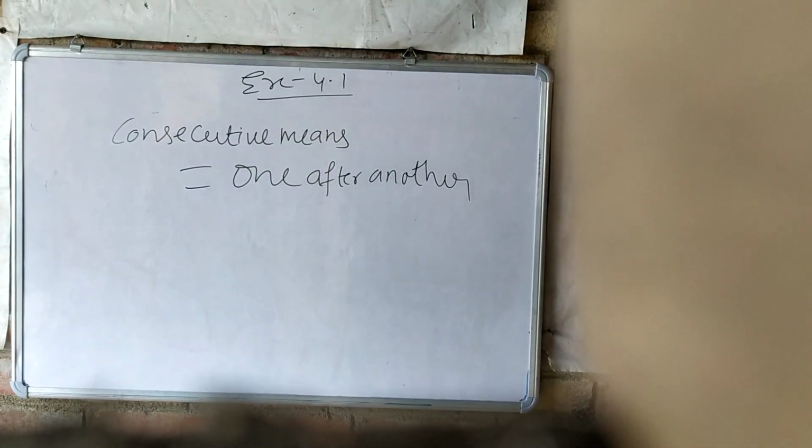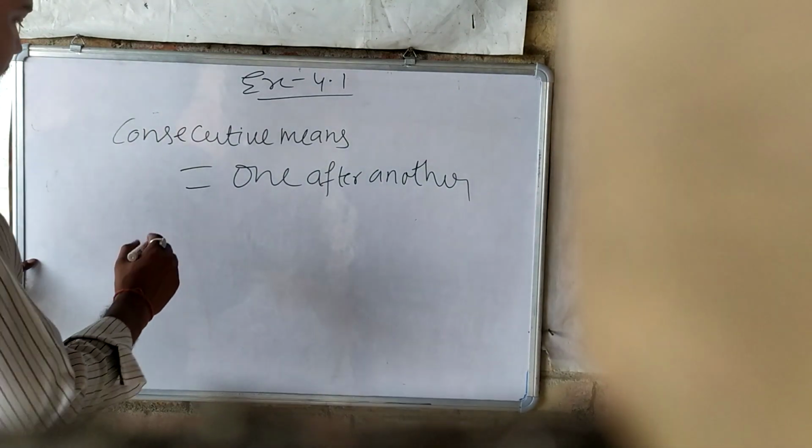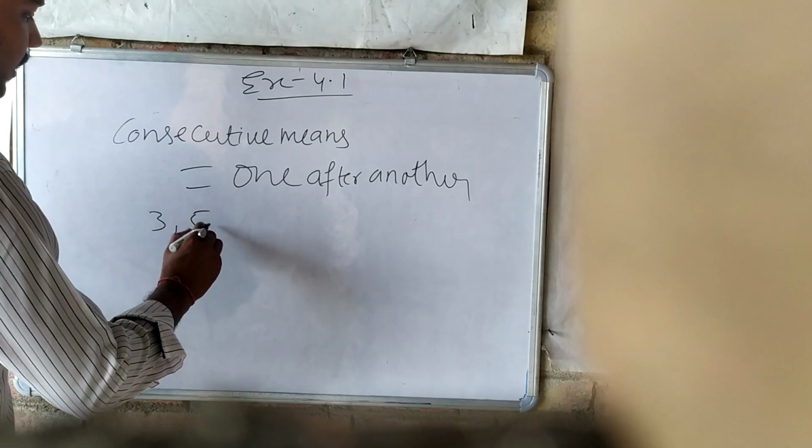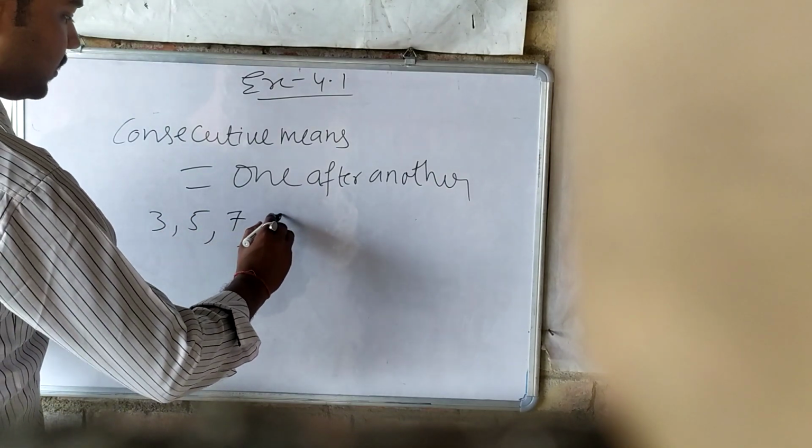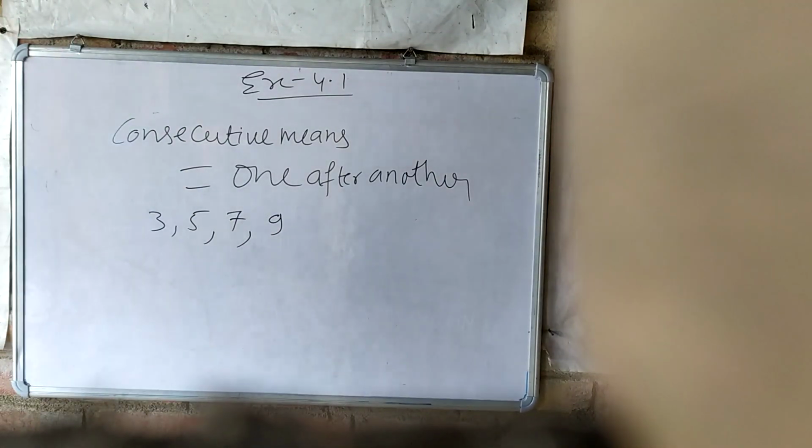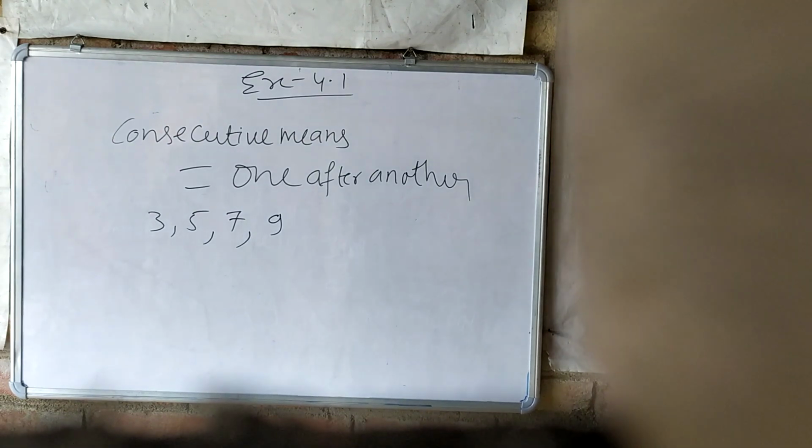If you are asked to write consecutive odd numbers, then consecutive odd numbers means 3, then 5, then 7, then 9. Like this, you can say that these are consecutive odd numbers.